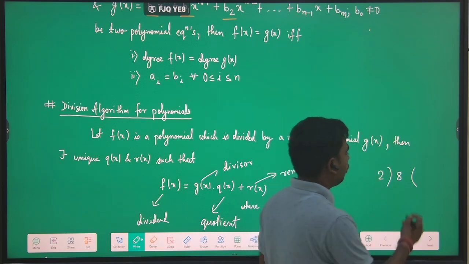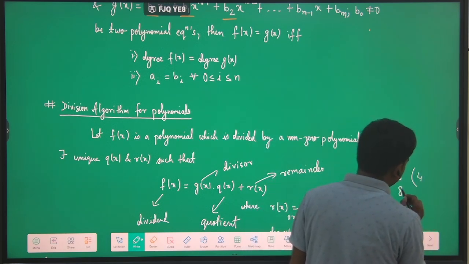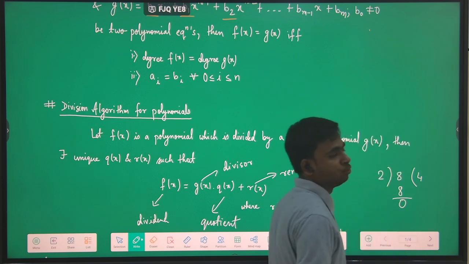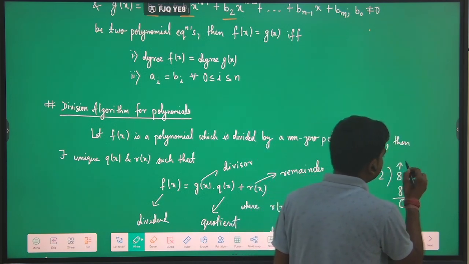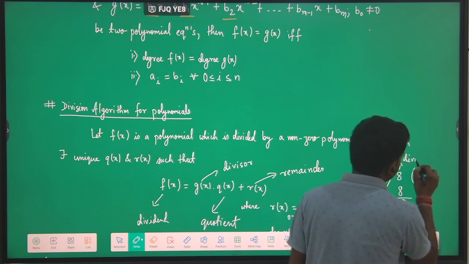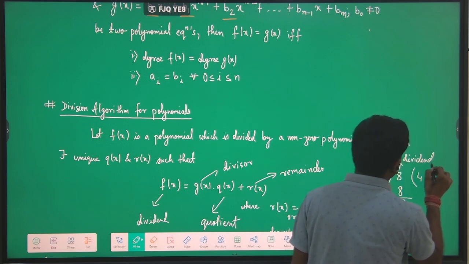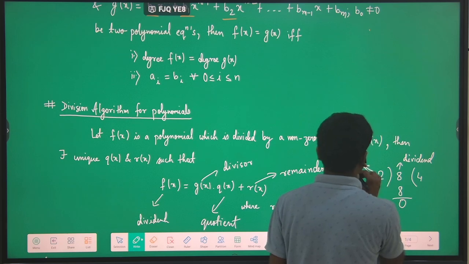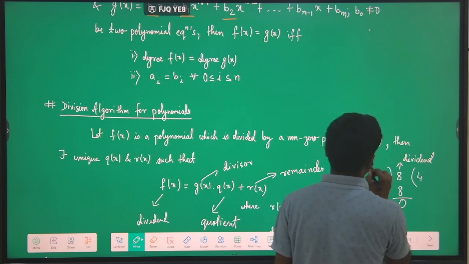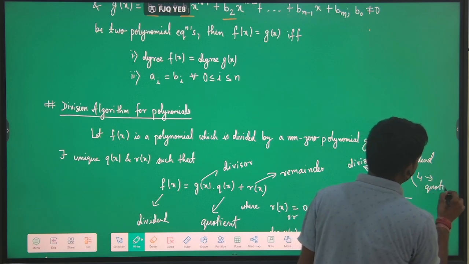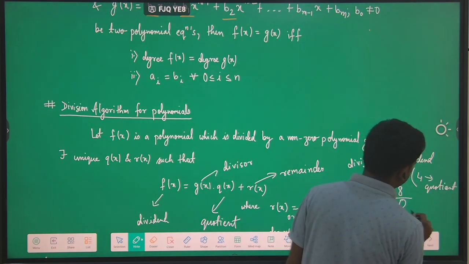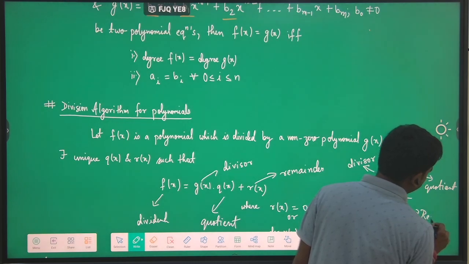On multiplying with 4, we get the remainder as 0. So this 8 is the dividend, this is the divisor, this is the quotient, and this is our remainder.